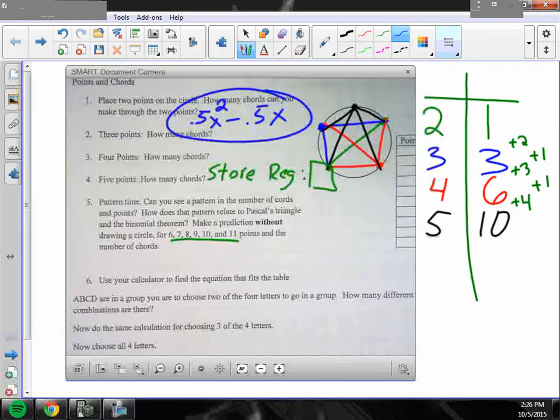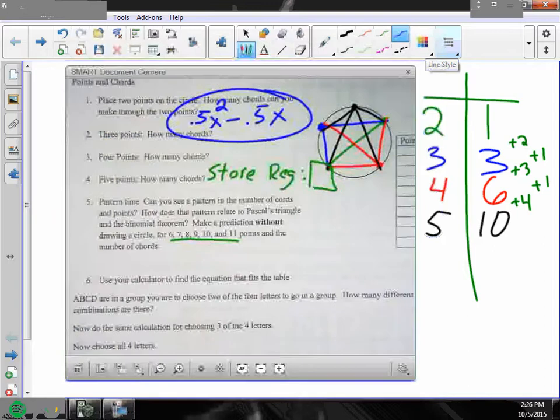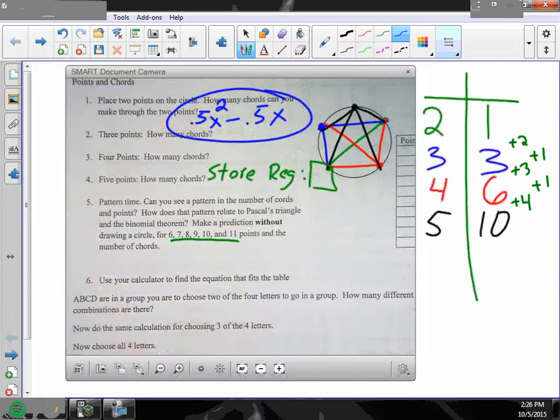What I want to show you is, see how I color coordinated mine? How many chords do you add each time you add a point? I add one more than you did the last time, which is shown here. One more chord for every point that's already on the circle. So when I add my 5th point, I have 4 dots to connect it to.